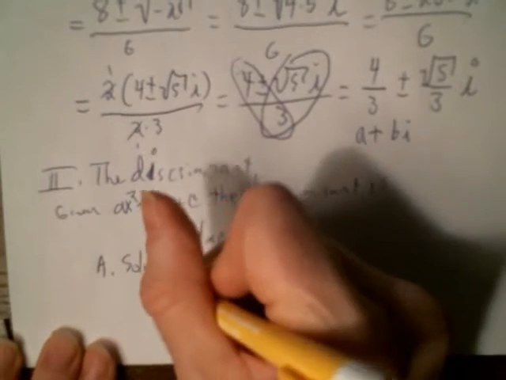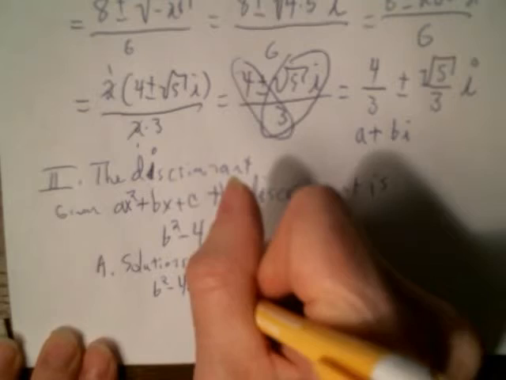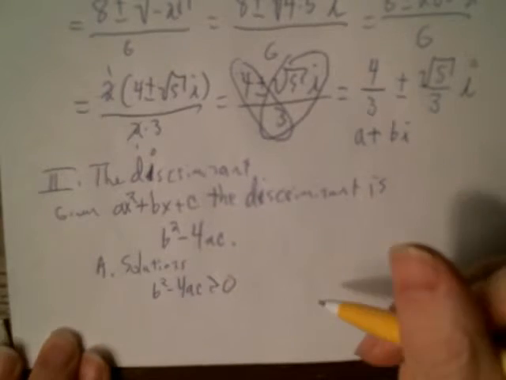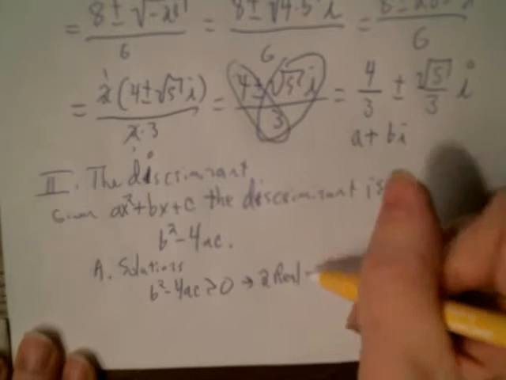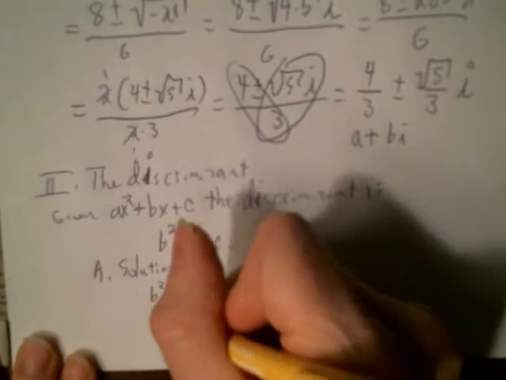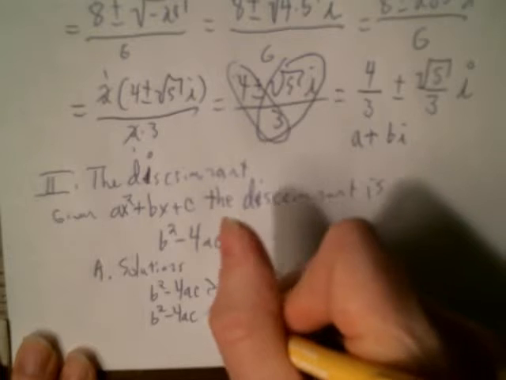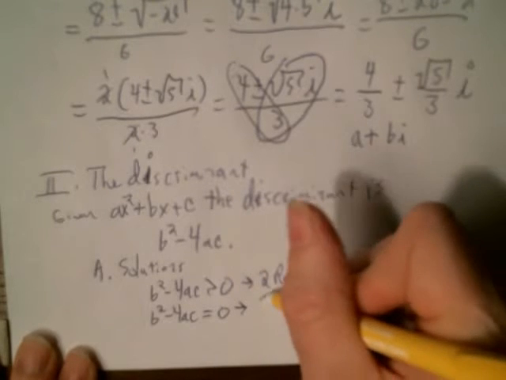Basically, if this thing is greater than 0, you'll have 2 real solutions. If this thing is equal to 0, you'll just have 1 real solution.